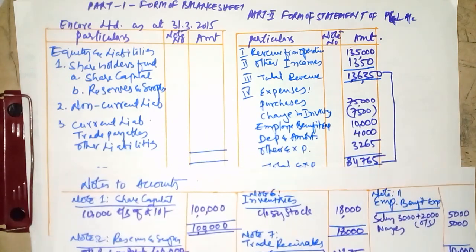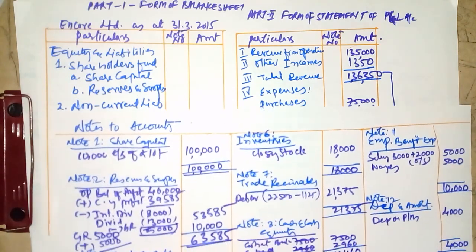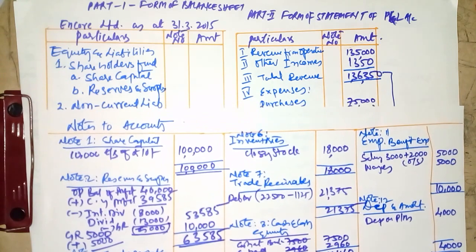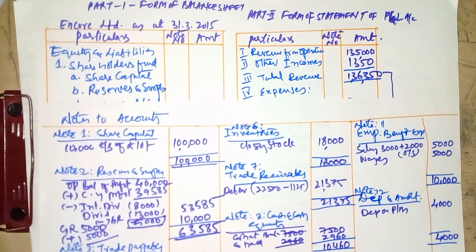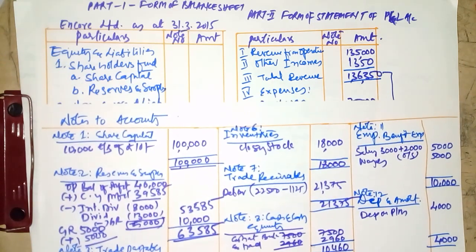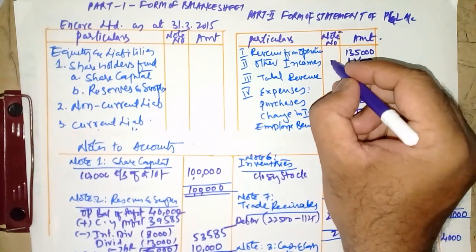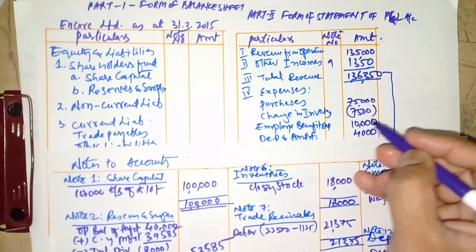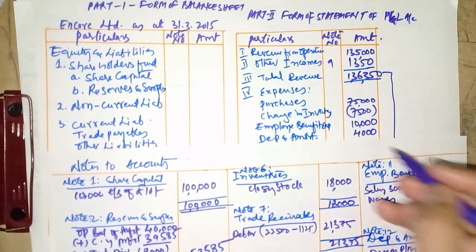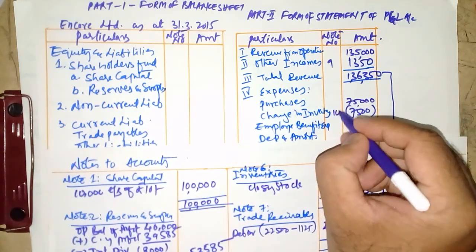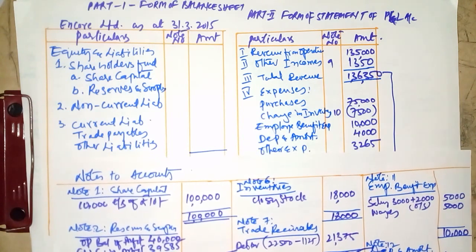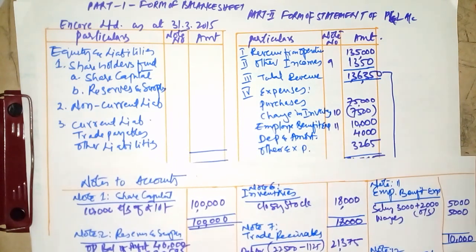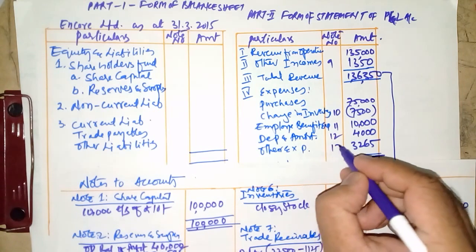Here we did not mention the note numbers, which are very important. So I'll put again from other incomes we have. So this is note number 9. Then purchases, we did not make any note. Then change in the inventory is note number 10. Employee benefit is note number 11. Note number 12, note number 13, right?